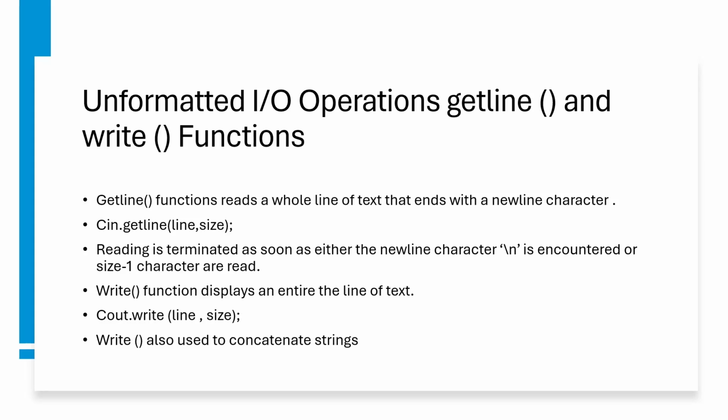For example, using cin.getline(line, size), size indicates how much you are going to read. Reading is terminated as soon as either the newline character \n is encountered or size-1 characters are read.